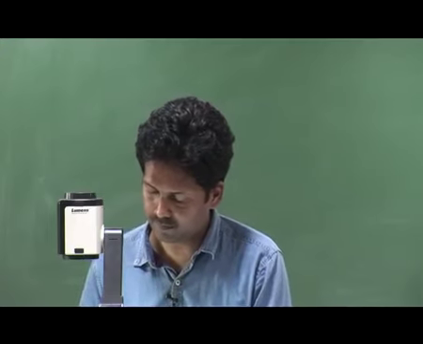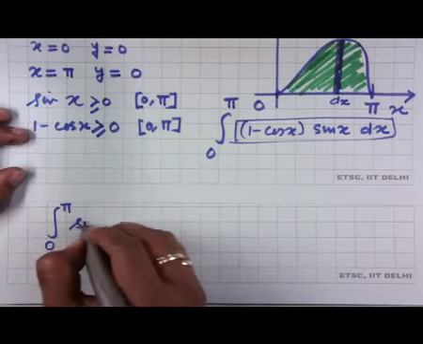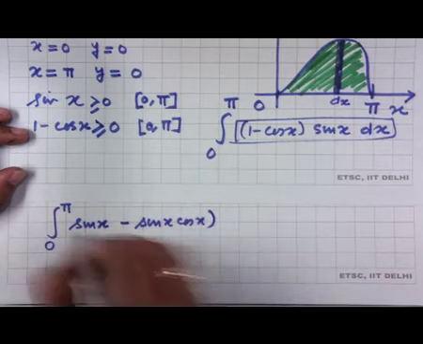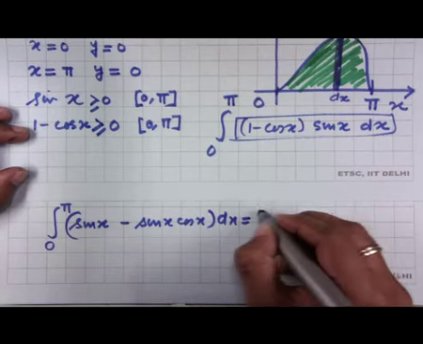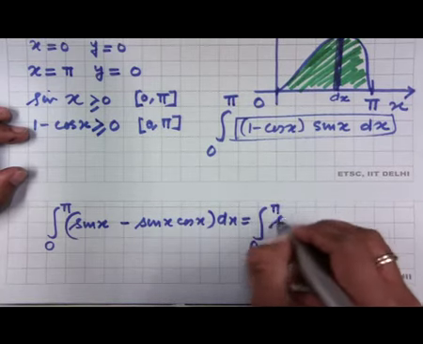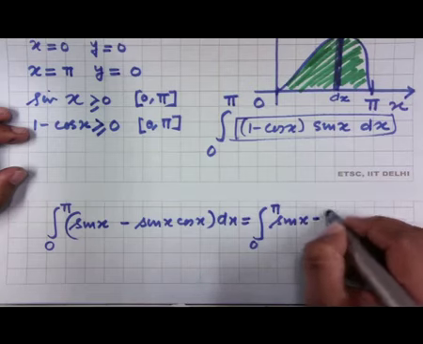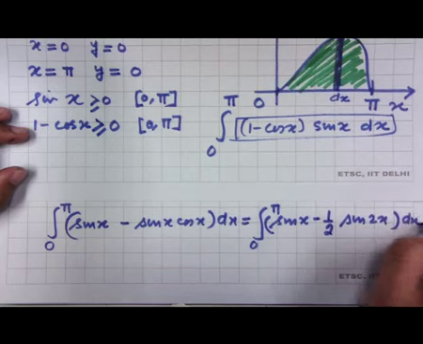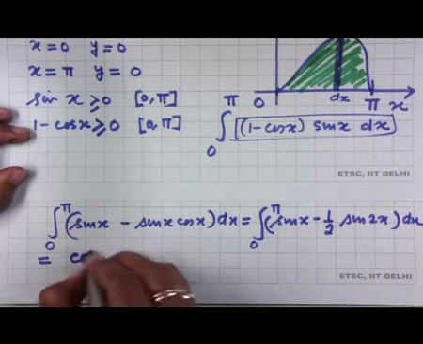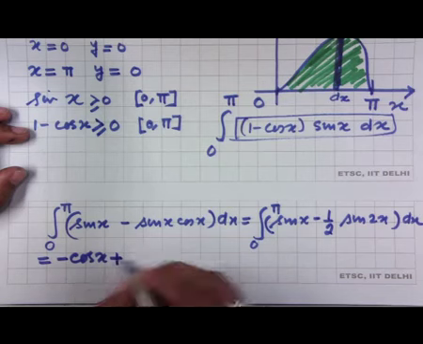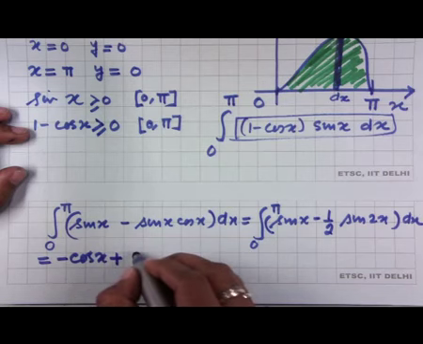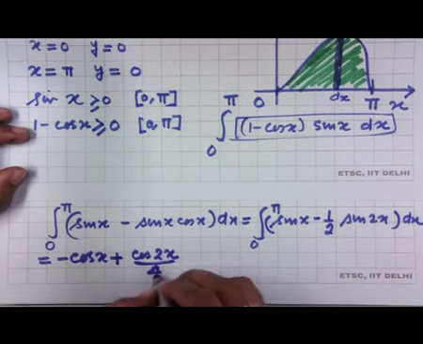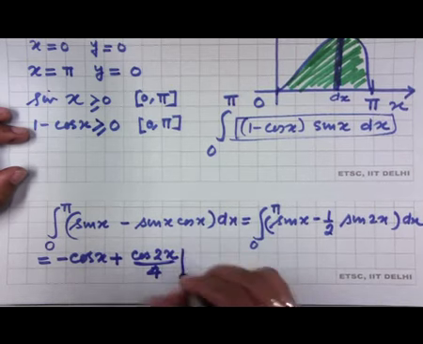Let us evaluate it. Integral from 0 to pi of sin x minus sin x cos x dx, which you can write as the integral from 0 to pi of sin x minus 1 by 2 sin 2x dx, which is minus cos x plus cos 2x by 4 from 0 to pi.